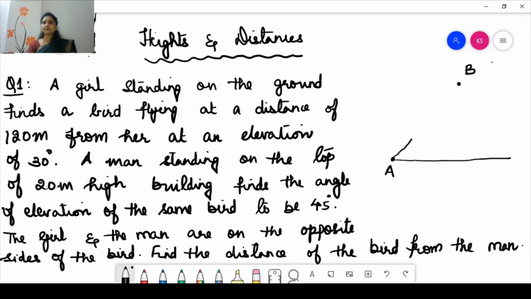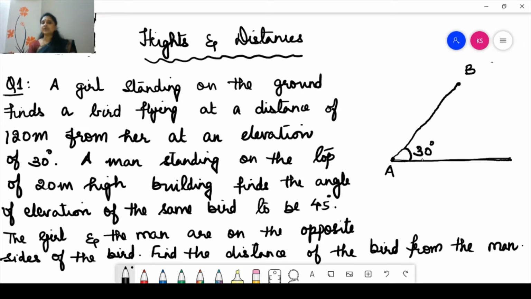What do you mean by elevation? When you look up, the angle that your line of sight makes with the horizontal, here in this case the ground level, is called the angle of elevation, and that is given to be 30 degrees.